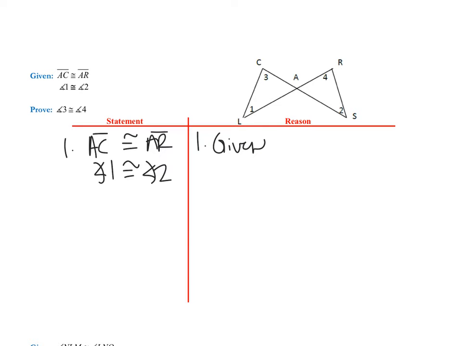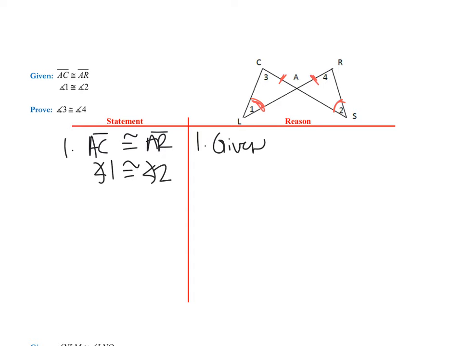Now, givens are okay to mark on diagrams. Remember that you need 3 components, and right now we only have 2 components. So is there another way that I can prove these triangles are congruent by finding that third component?